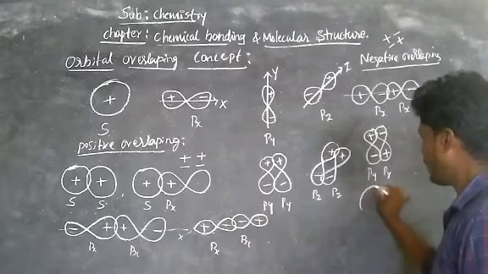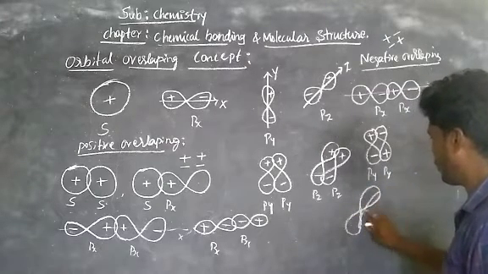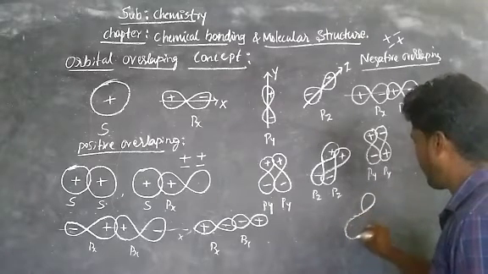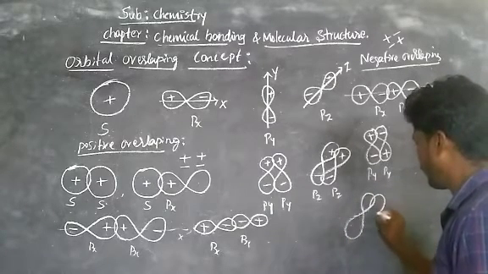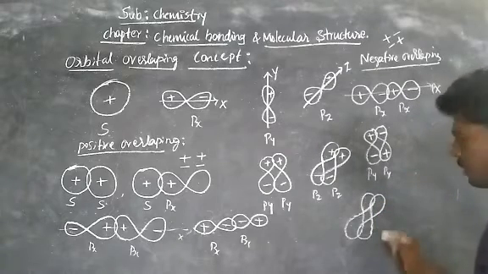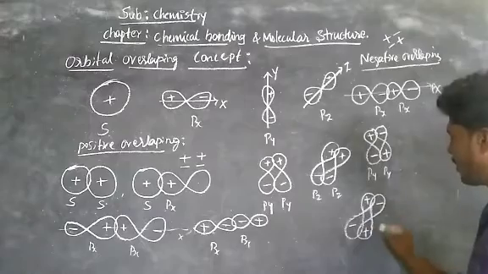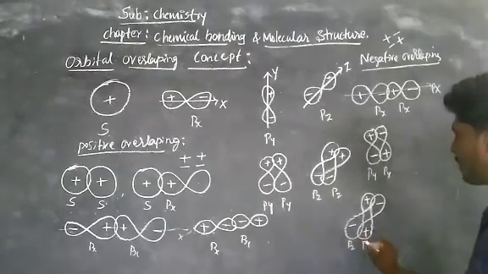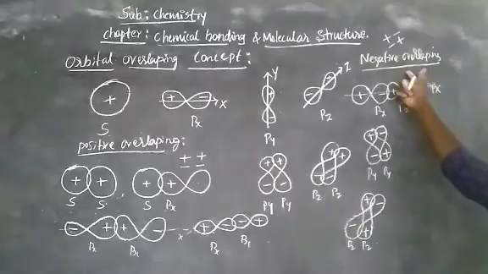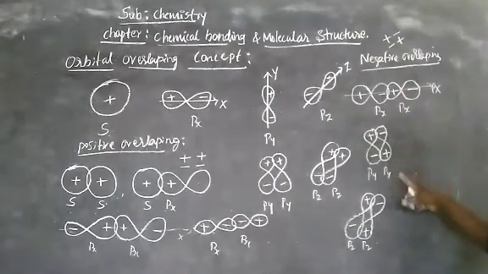Z we are writing like slant. Right, this is the overlapping. Now plus and minus and plus. This is called pz and pz orbitals overlapping. This is the negative overlapping of orbitals on px and py and pz.